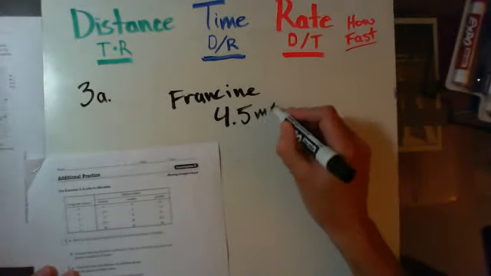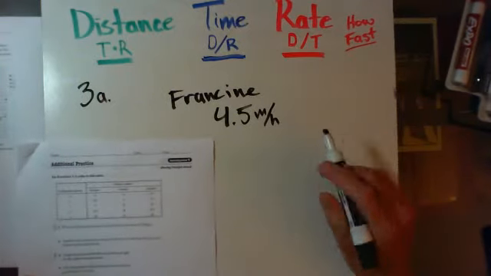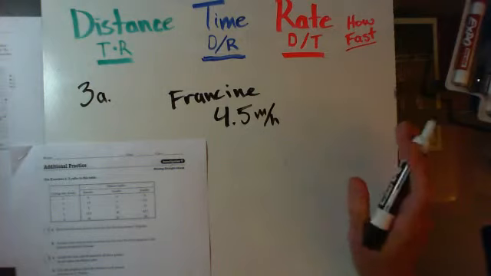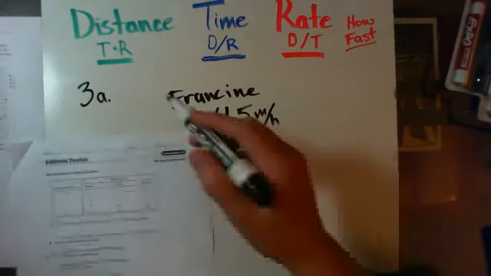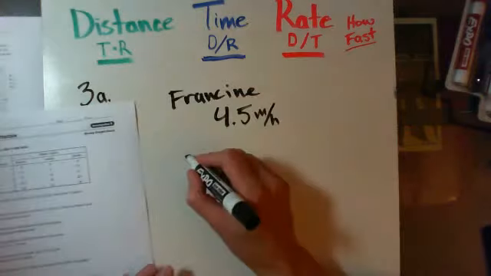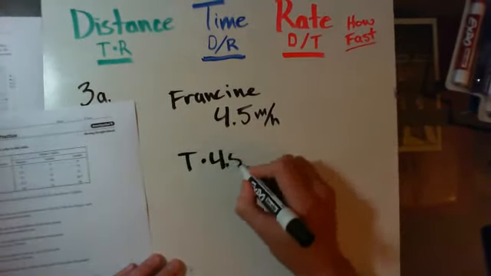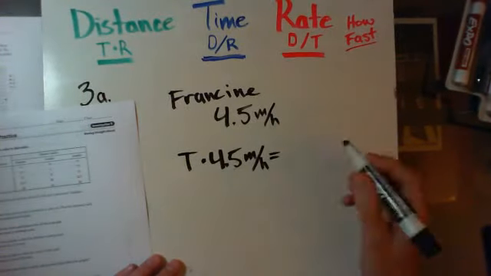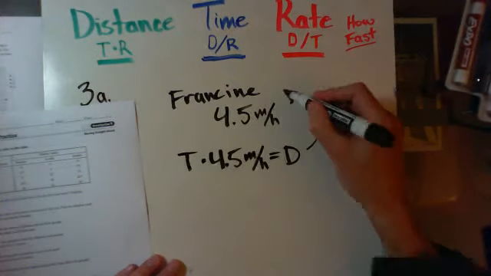Now, to write an equation to calculate how far she went, her distance, regardless of any time, you could use t as the variable here and just say t times 4.5 miles per hour is going to give you the distance, no matter what, for Francine.